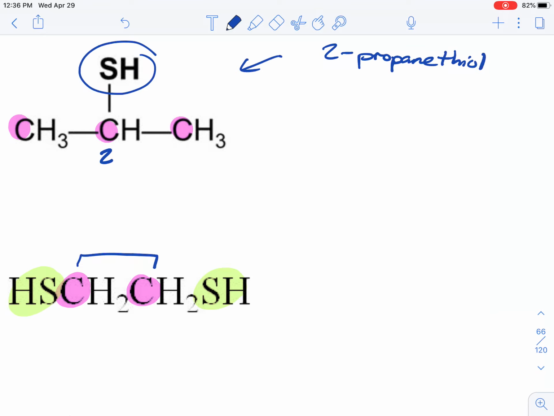So a 2-carbon compound is simply ethane. And since I have a sulfhydryl group, I'm going to go ahead and add in thiol. But since I have 2 sulfhydryl groups, I'm going to describe that I have 2 of them by saying ethane dithiol. Okay, all one word.